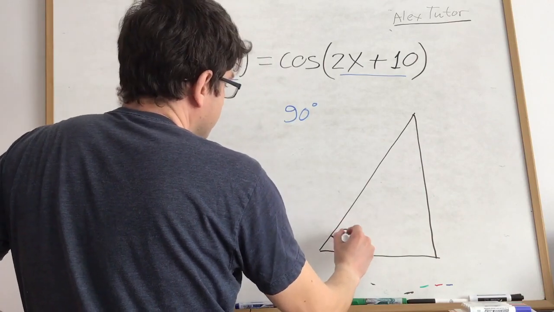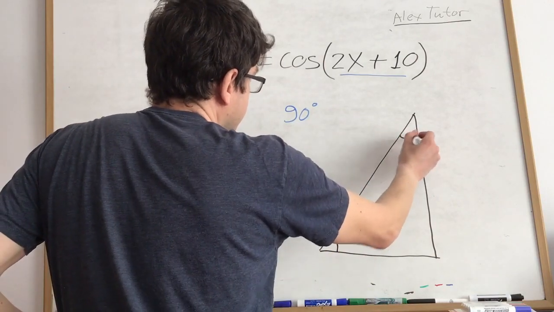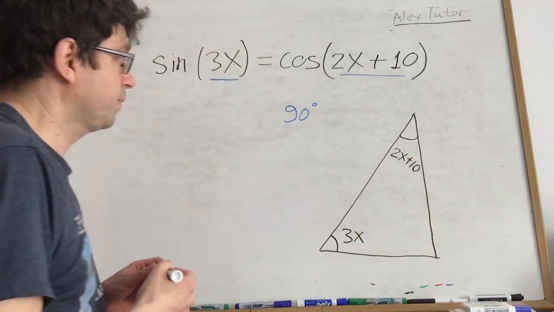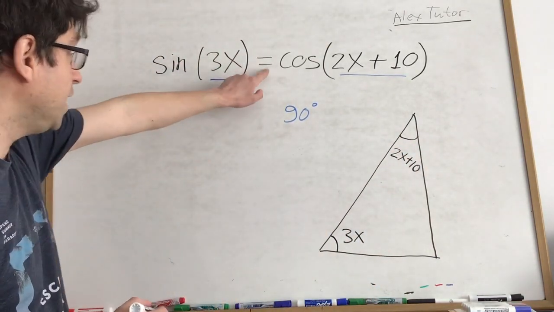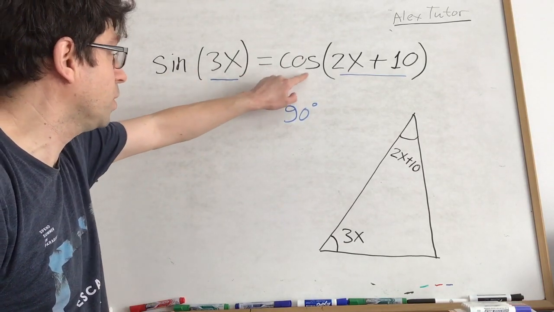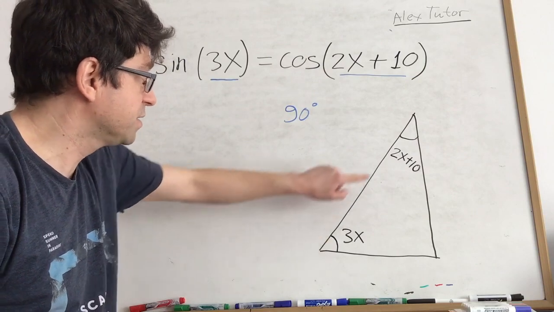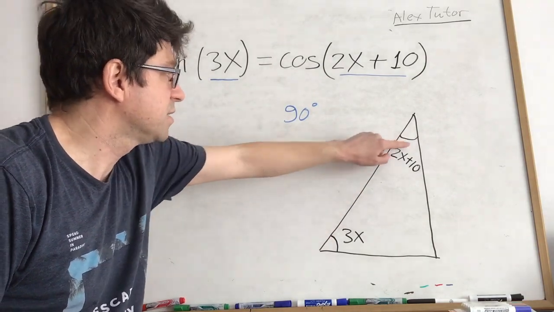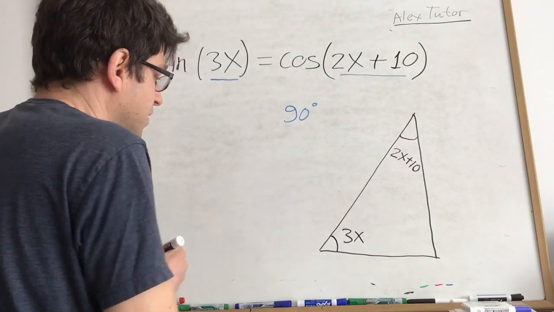So this angle is 3x and this angle is 2x plus 10. If sine of this angle equals cosine of this angle, it means those angles are complementary. It means together those angles are 90 degrees.